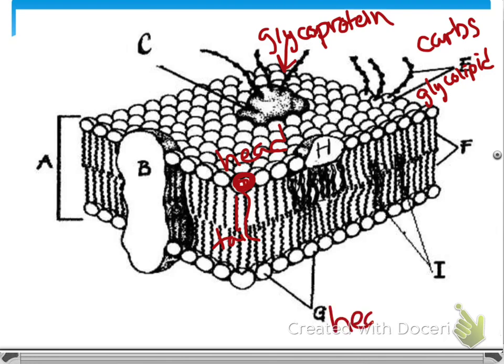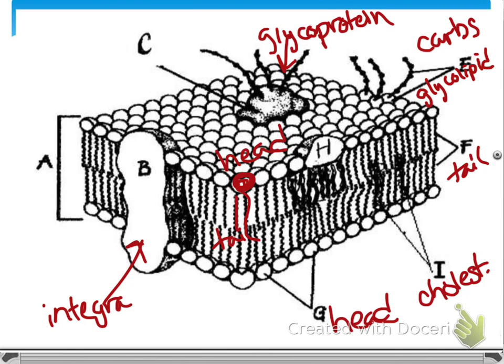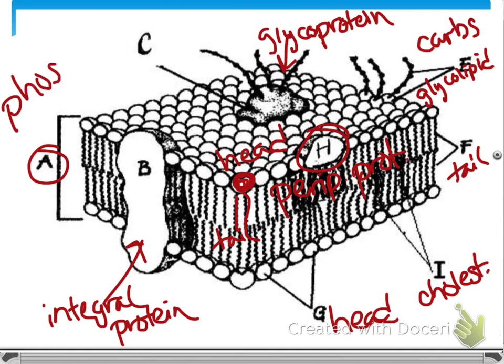Over here, head, tail. This is your cholesterol. This one here is an integral protein. This one is a peripheral. And then A just means the phospholipid bilayer. And that's it.